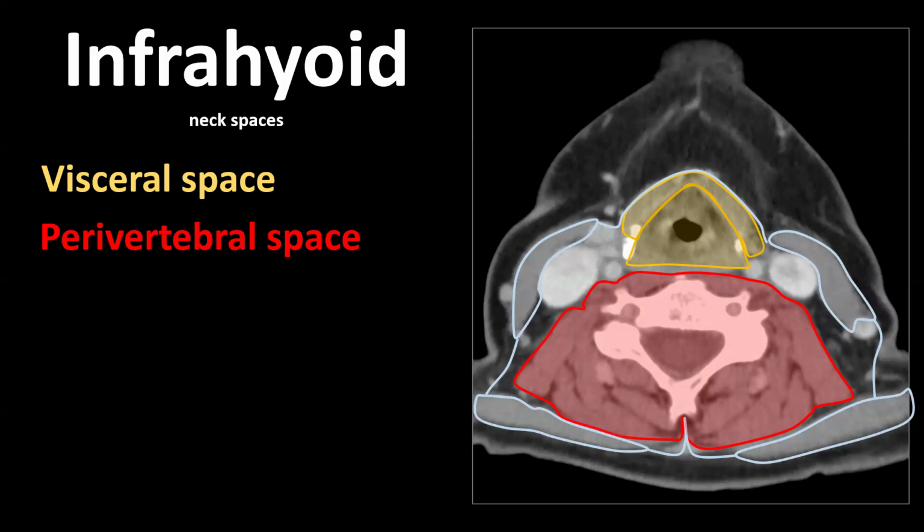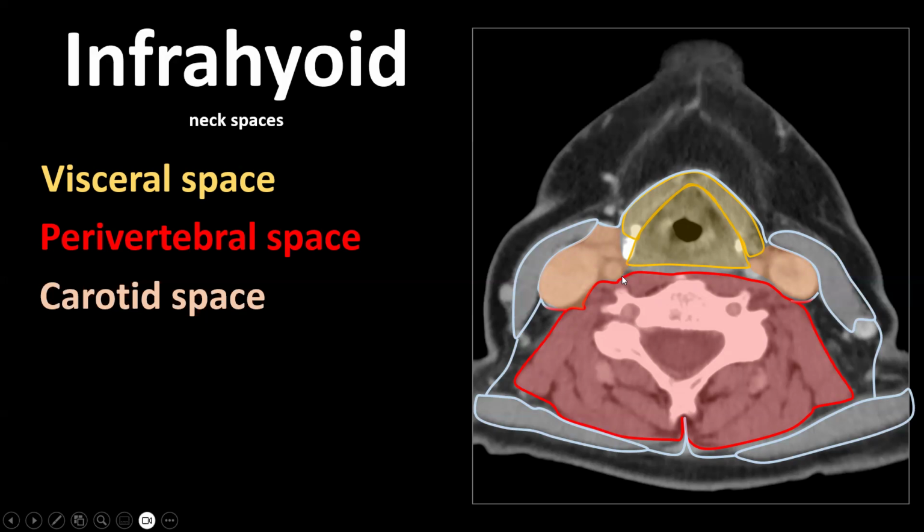And then we have several spaces that are basically bordered by several fascia. I think one of the most important ones is no doubt the carotid space. The carotid space is located over here, and notice that the borders of the carotid space contain parts of the deep layer of the deep cervical fascia, of the superficial layer, and also of the middle layer.